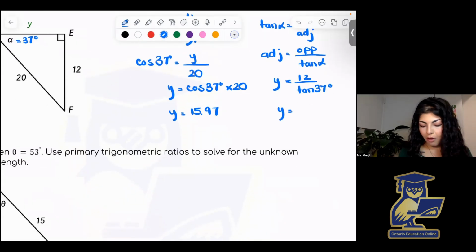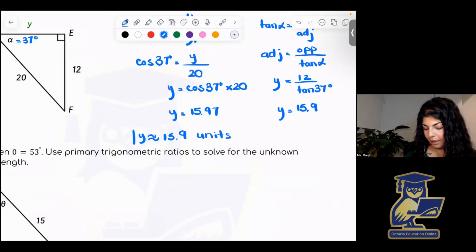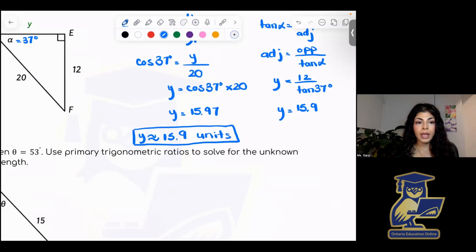It is a little bit off in the decimal, so perhaps we just round it to 15.9. So we can say y is approximately 15.9 units. And then again, I'm just going to box my answer there.